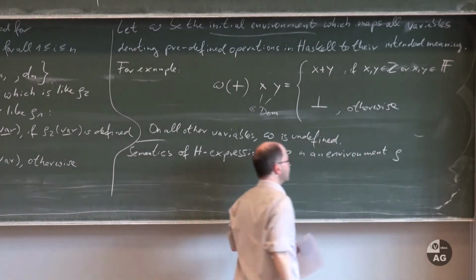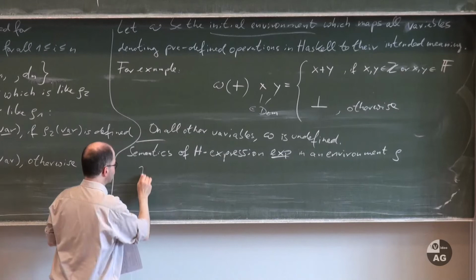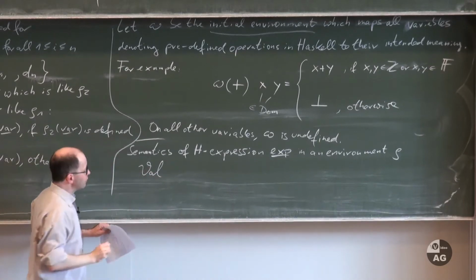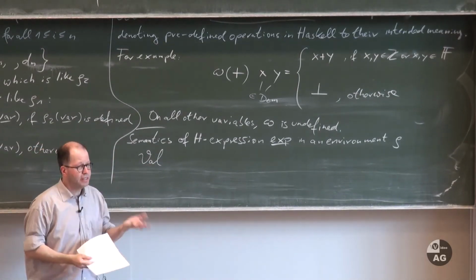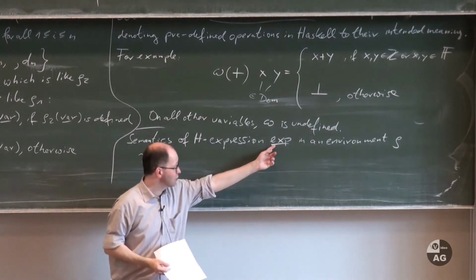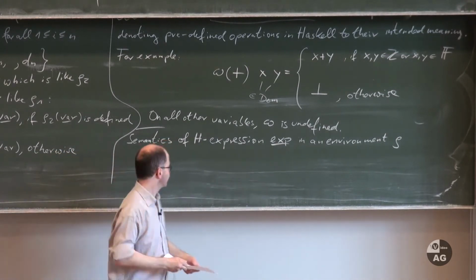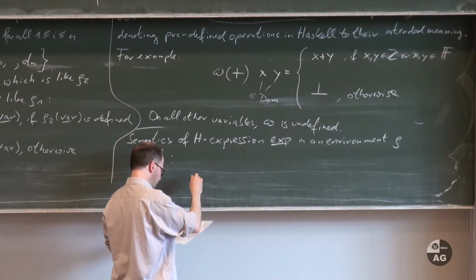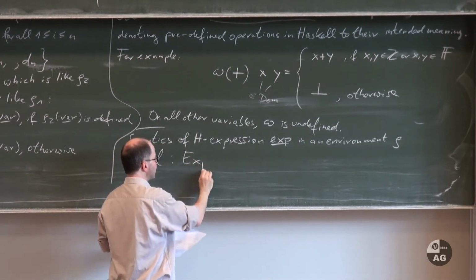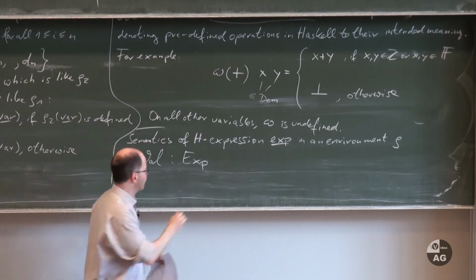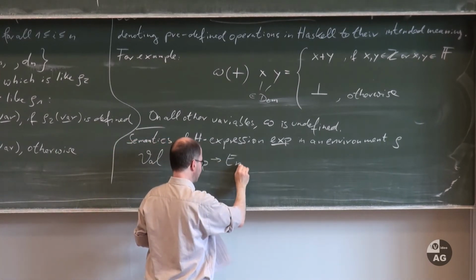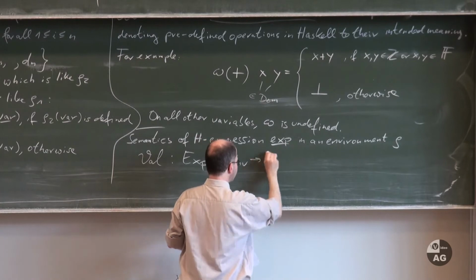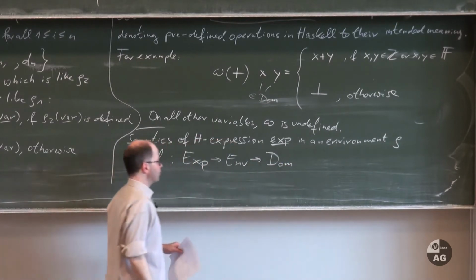We will define this using a function val for value. And this val needs two inputs. It needs the expression and it needs the environment, and then it gives you back an element of DOM.